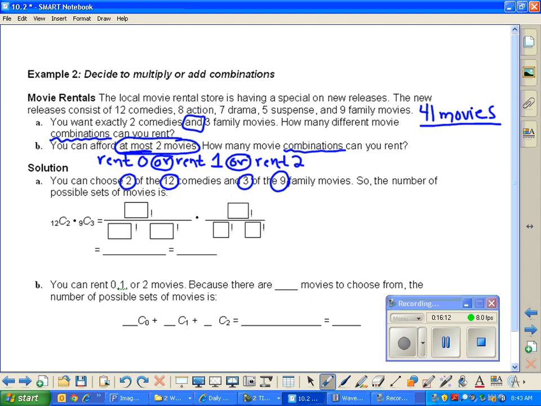So the number of possible sets of movies can be found by just doing 12C2 times, and we did times because of the word and there, 9C3. So if we set up our formula, what we actually have there is 12 factorial, that's n factorial, over n minus r factorial. 12 minus 2 is 10 factorial.